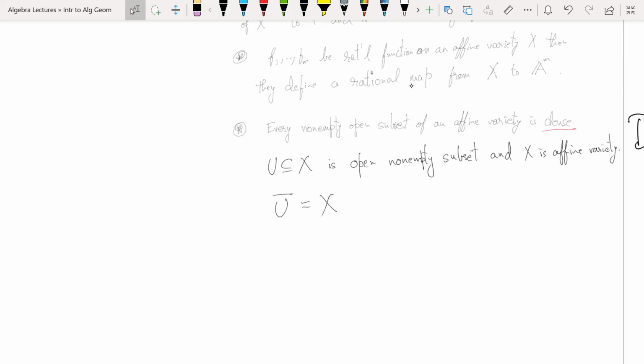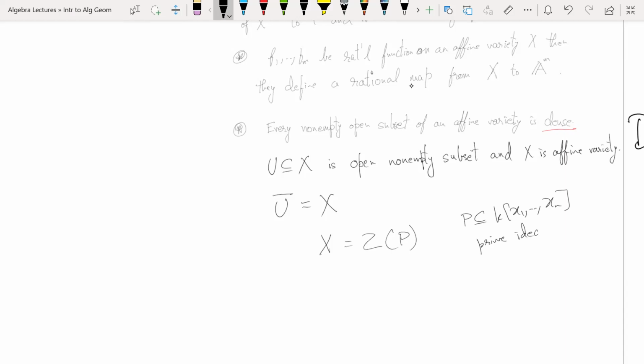One has to work with something. We think of X as V of something, the zero set of some prime ideal P contained in k[x1, ..., xn], some prime ideal.